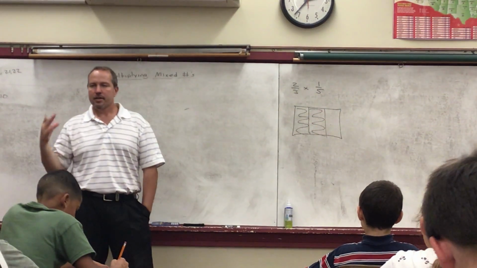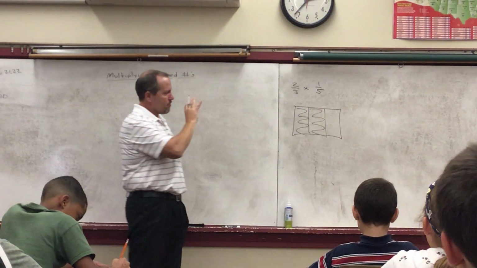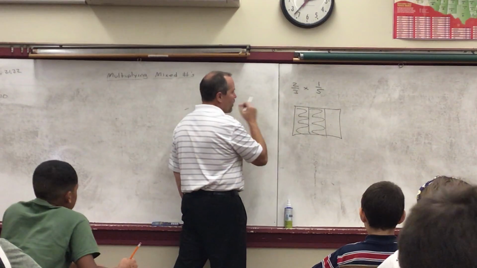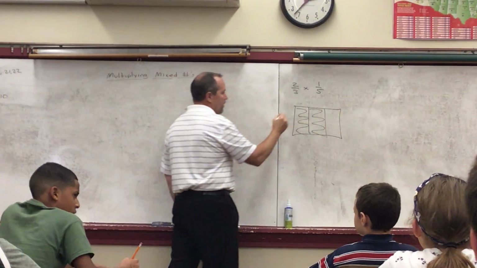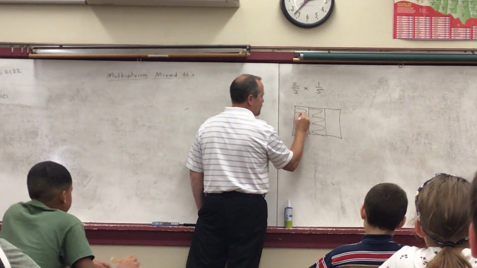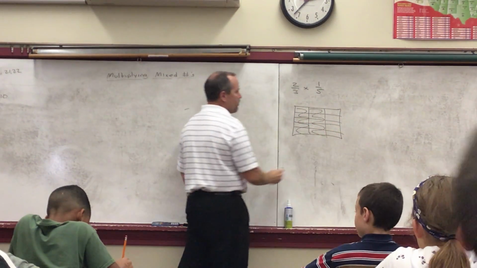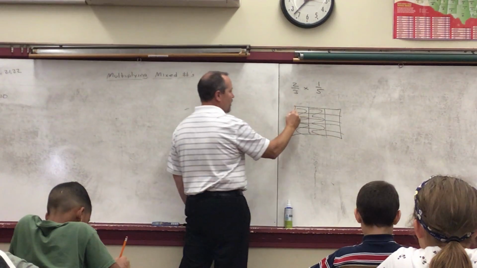And then I said, in your mind, erase those vertical lines, and then we're going to represent the second fraction horizontally. So we're going to make it into 5 sections. So 1, 2, 3, 4, and 5. And we're going to color in one of these sections.